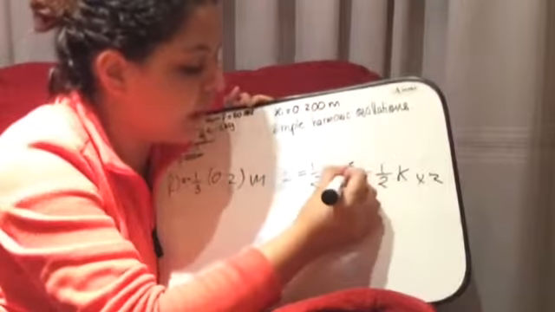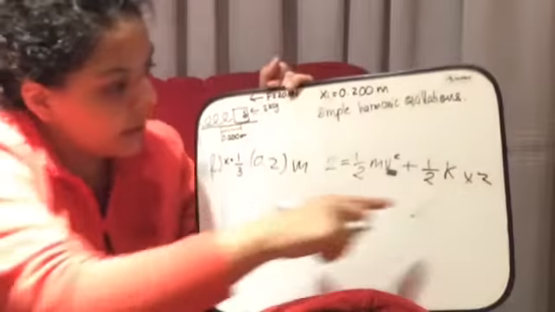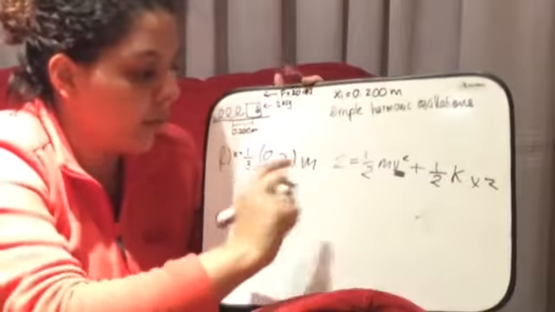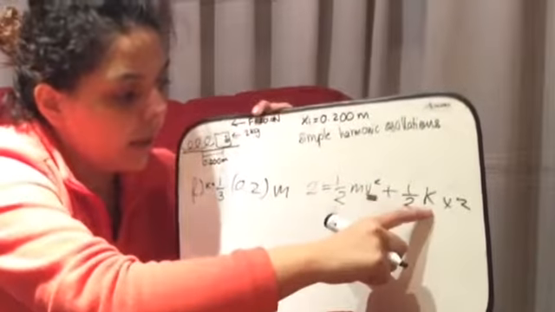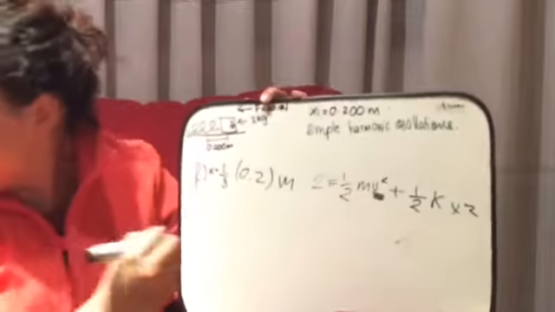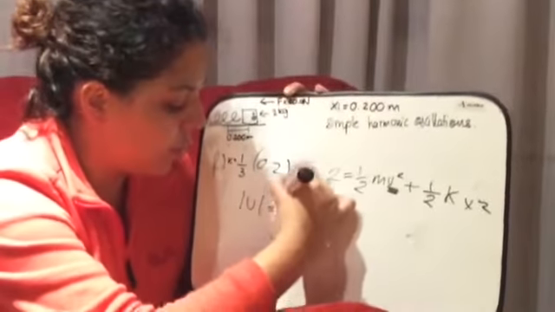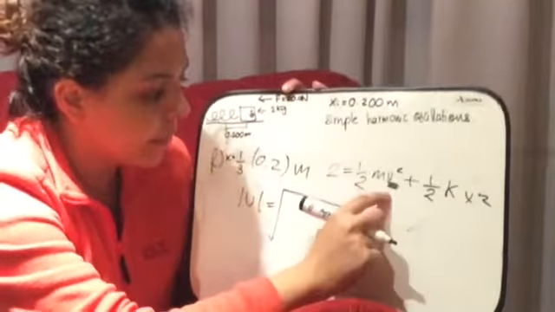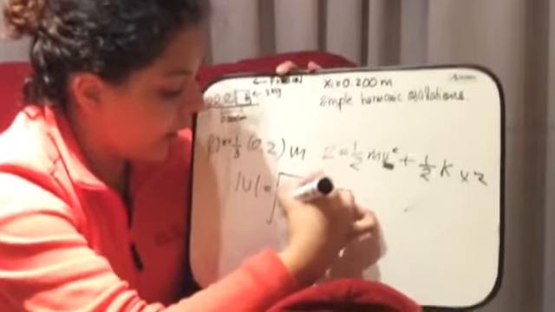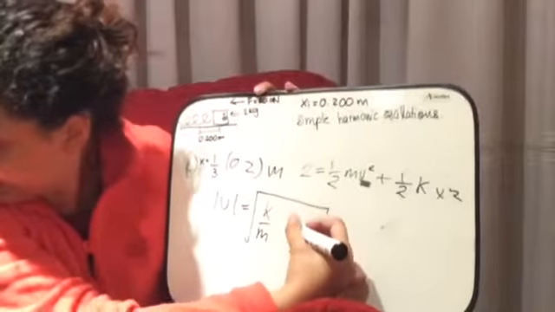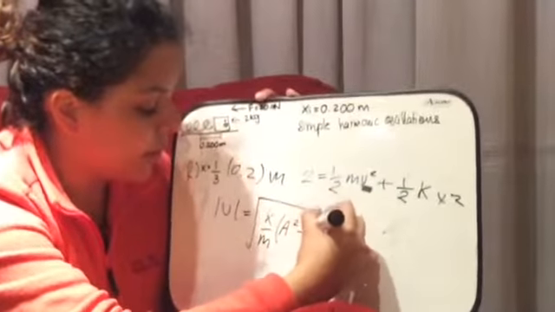From here we can obtain the value for v, and we substitute x here, and the values we already calculated: the energy, the mass that was given at the beginning, and the value of k. So at the end, the absolute value of v should be the square root of k over m times A squared minus x squared.